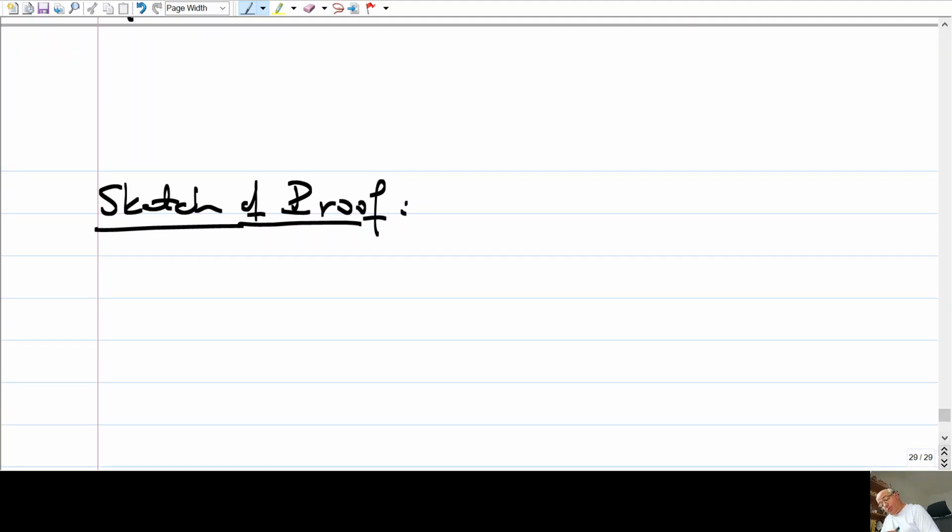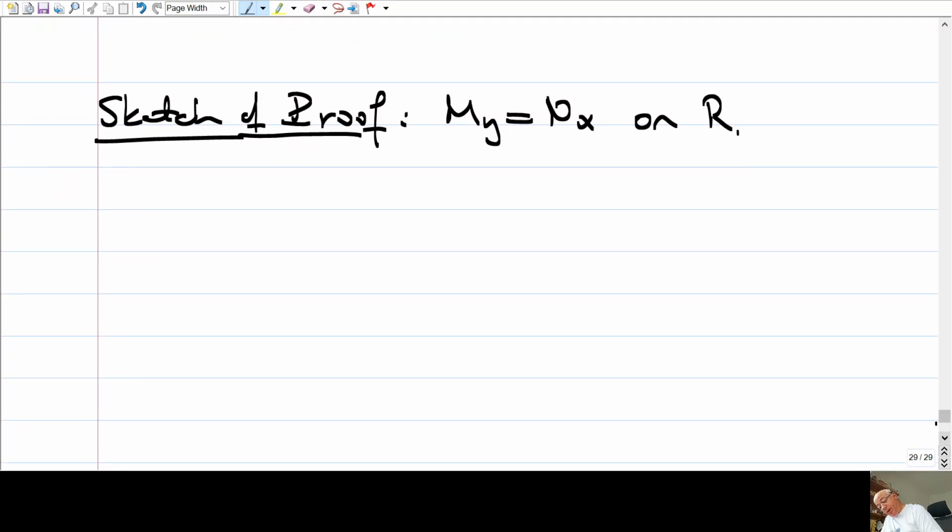All right. So we are given that m sub y equals n sub x on R, right? What is R? R is a rectangle. Actually, you don't need a rectangle. It's enough if R is simply connected.